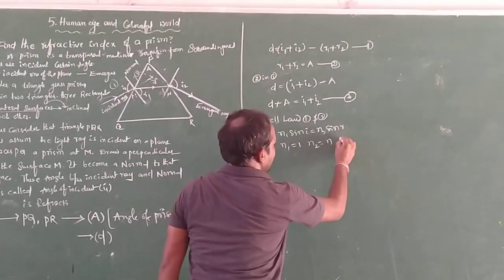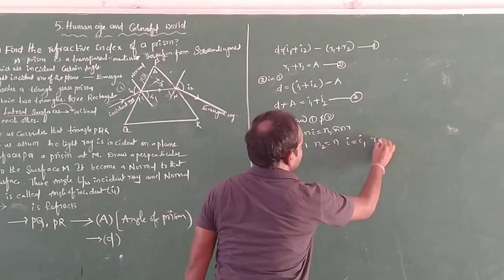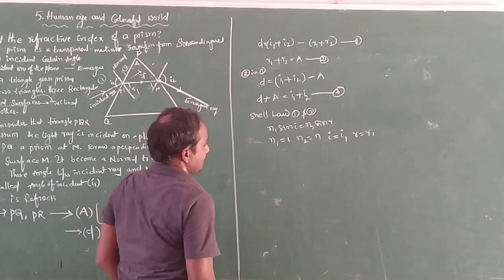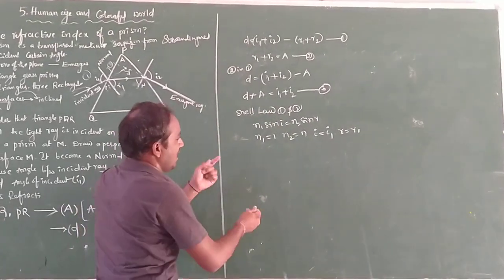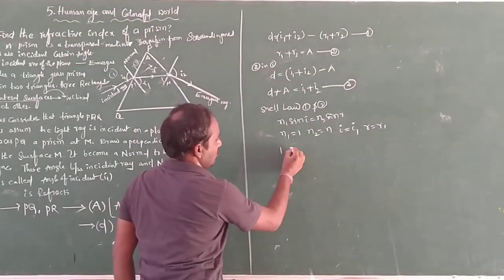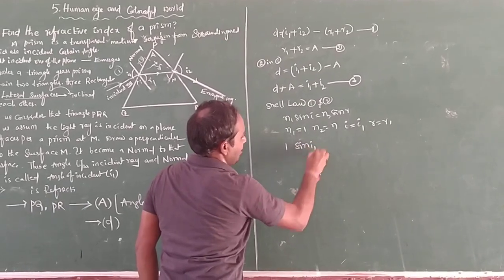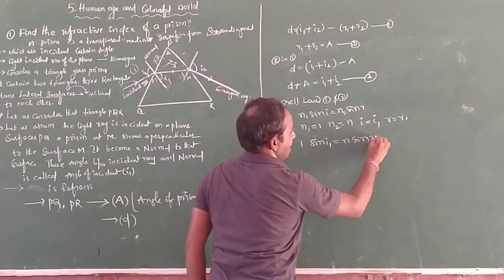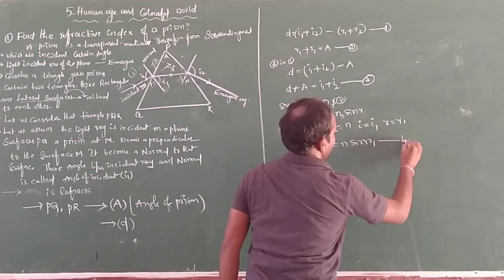And i is equal to i1, r is equal to r1. Substituting in Snell's law, 1 into sin i1 is equal to n sin r1. This is equation 4.